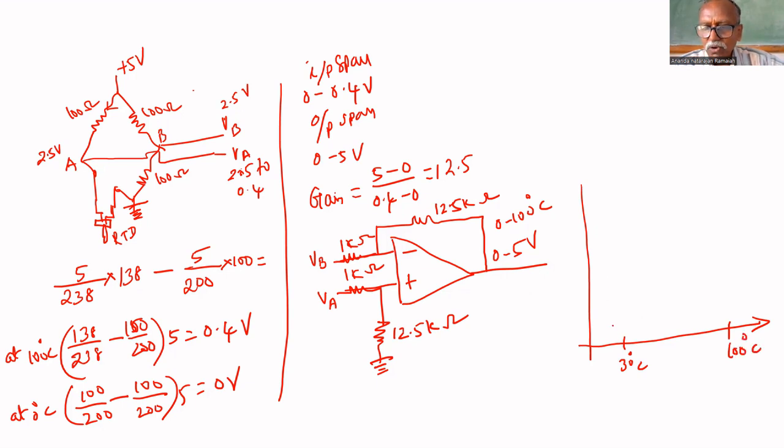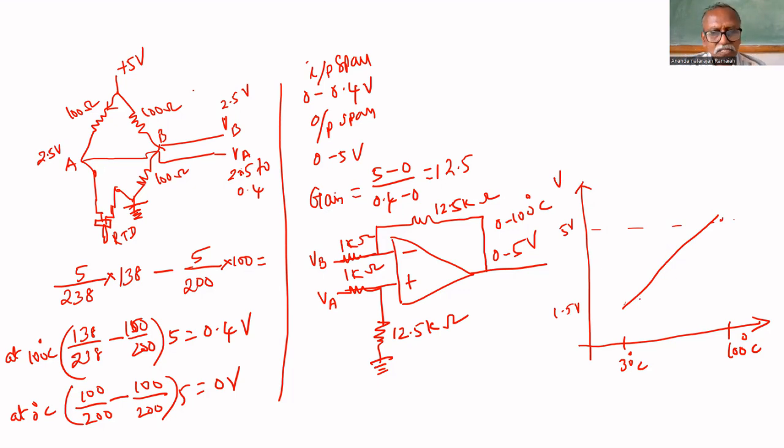For the voltage you got, you can plot like this. This is the calibration curve for 5 volt. This is 1.5 volt.